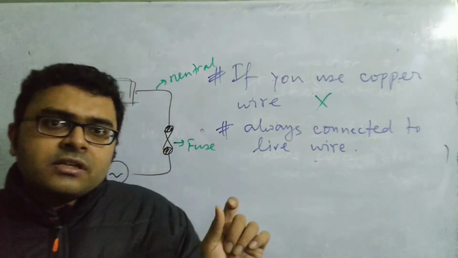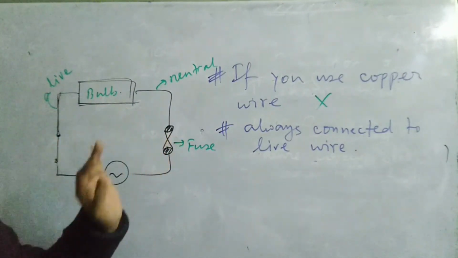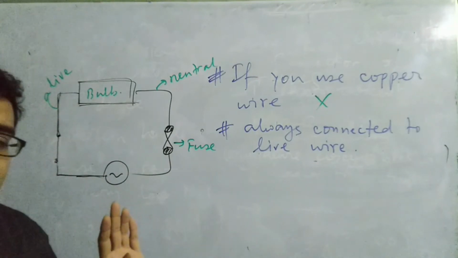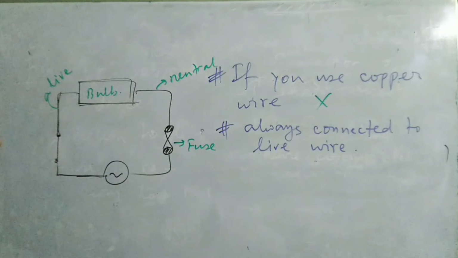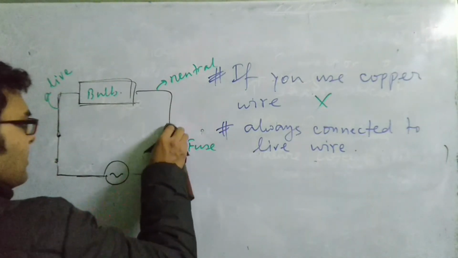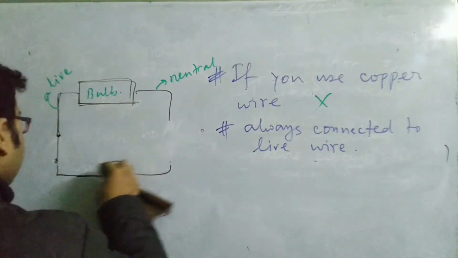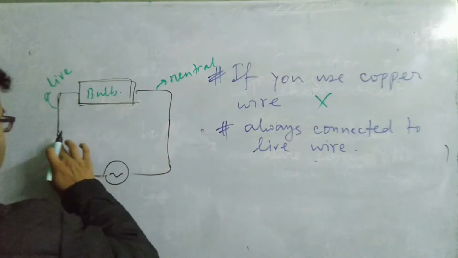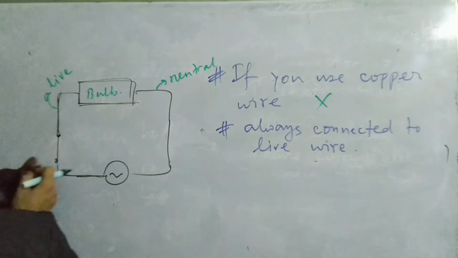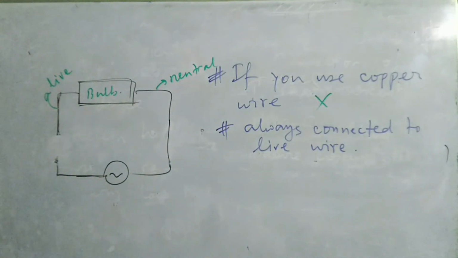This is because the fuse wire has been connected to the neutral wire. So I think now it is very clear why you should not connect the fuse to the neutral wire, rather it should be connected to the live wire. Okay, so I think the concept is clear.